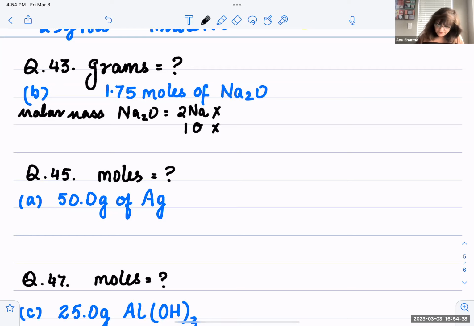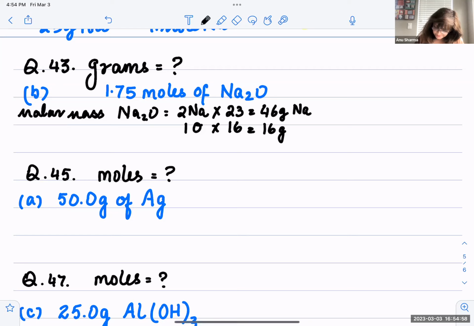The weight of sodium is 23 grams from the periodic table, and oxygen is 16. So here we have 23 times 2, and that is 46. So 46 grams is coming from sodium and 16 grams is coming from oxygen.